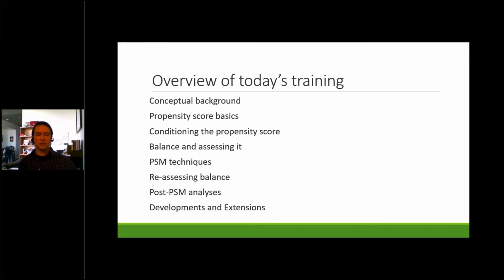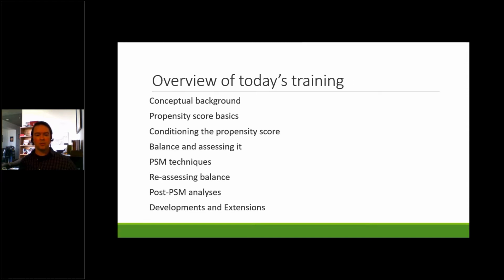Then we'll cover what PSM means for the outcome analysis and isolating the treatment effects. And last, I will touch on just a few things that have been developed and extended from PSM within the techniques and the ways to assess the propensity score, or at least calculate it.